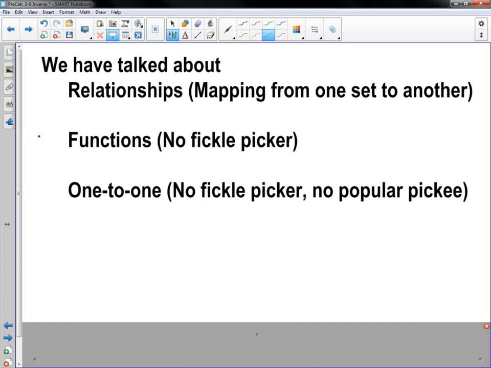But with the functions, can that picker or can that y value be popular? Can there be more than one input picking it? Yeah. So not really like marriage. This one-to-one is like marriage, right? I'm picking my wife, and she's not being picked by anybody else, right? She's off the market.